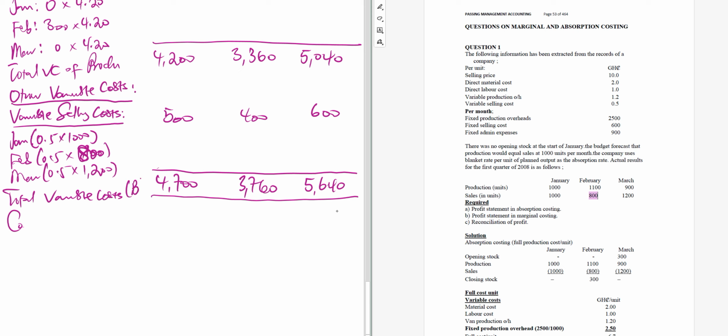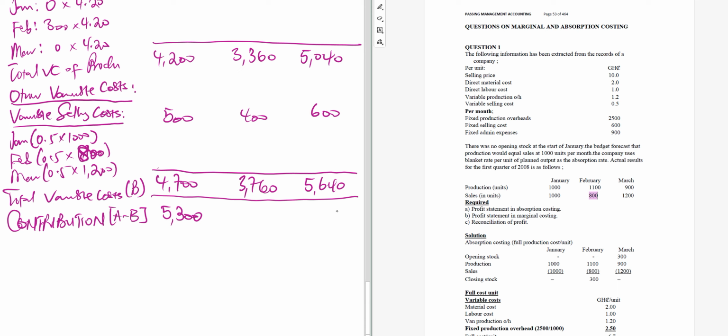Let's call this B. Contribution is A, sales, minus B, the total variable cost. We know the first sales is 10,000. Then we less our 4,700 from it. That gives us 5,300 as our contribution. The next sales was 8,000.